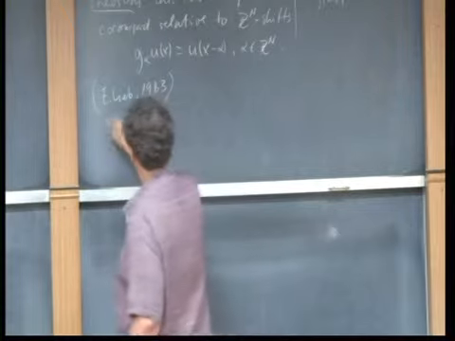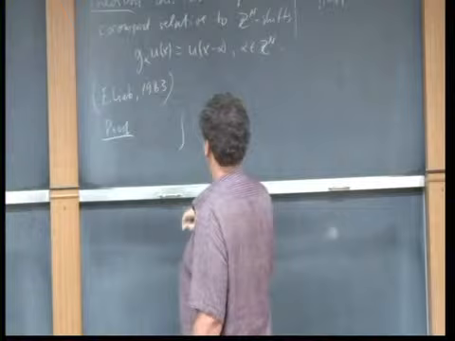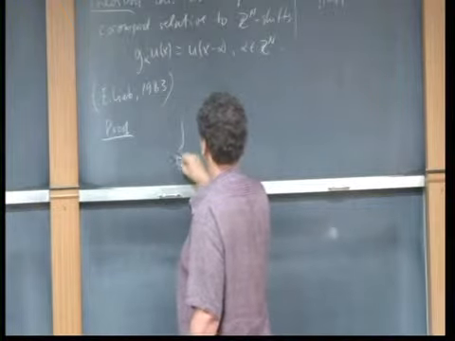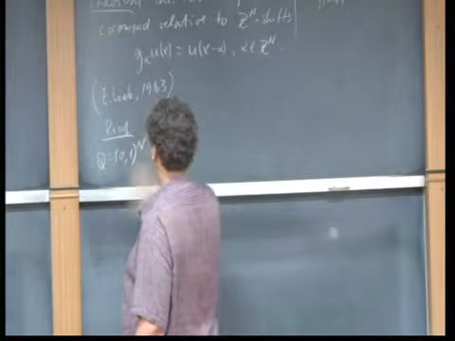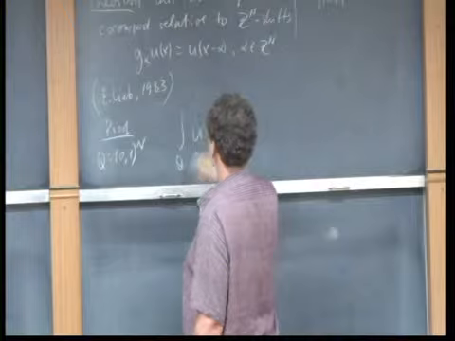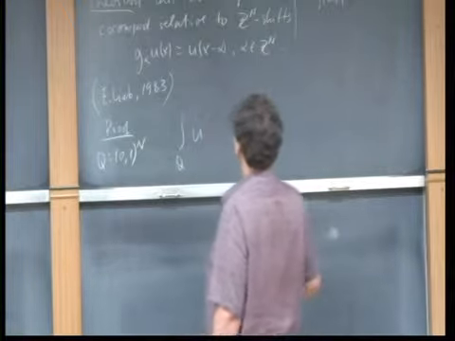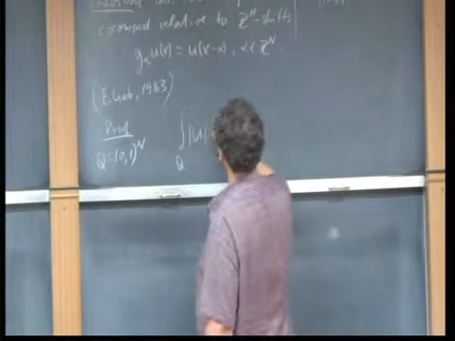So the proof goes like this. Take a cube. Let Q be (0,1) to the power n. Take a cube and write the Sobolev embedding, exactly this embedding, in restriction to the cube.